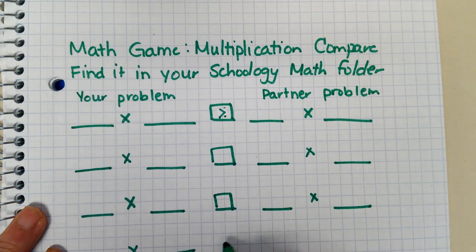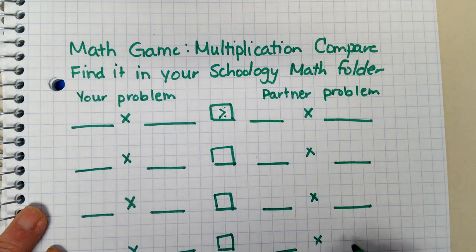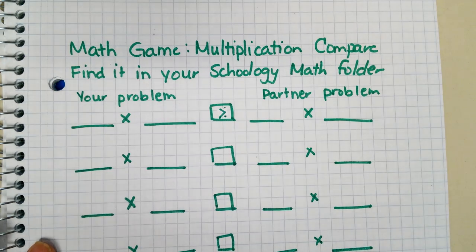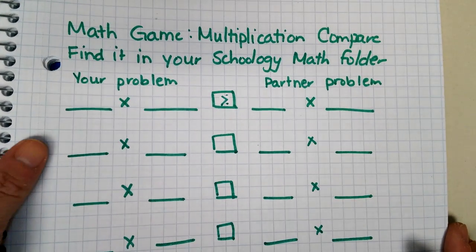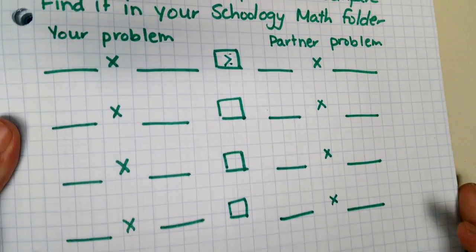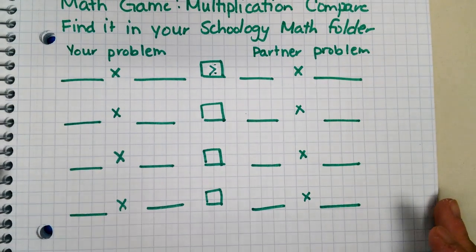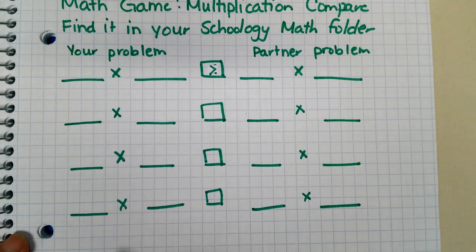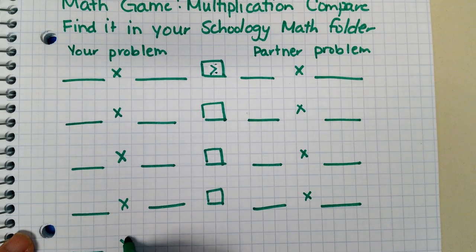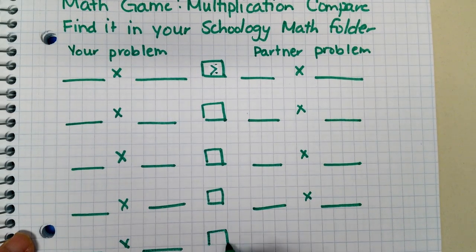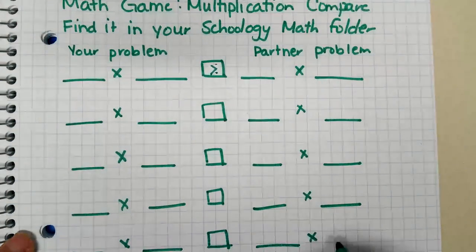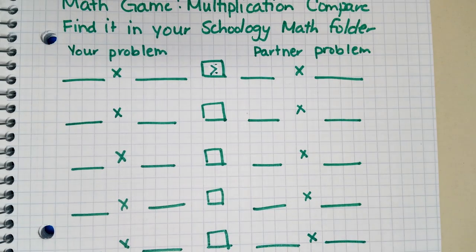So you're going to be doing several rounds on the computer game. So we'll have 1, 2, 3, 4. Let's do 5 rounds. And you're going to write in both your problem and your partner's problem, and determine which is greater than.